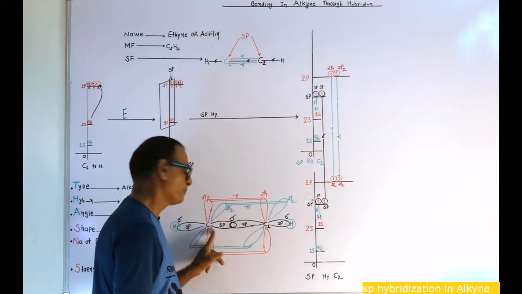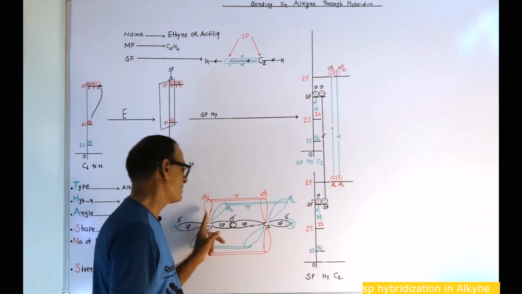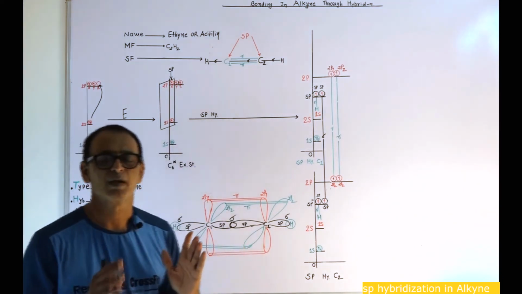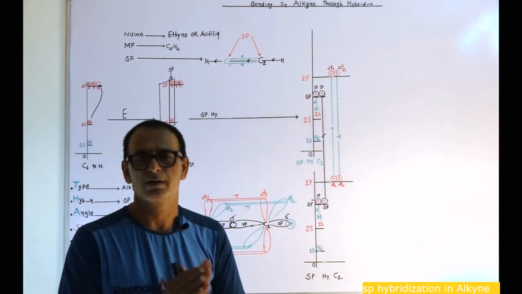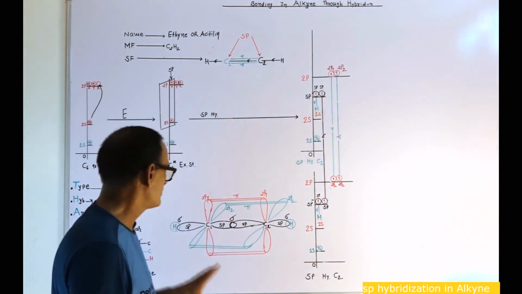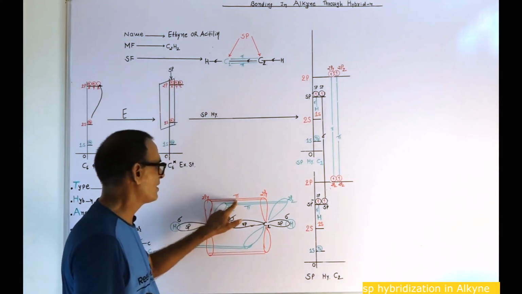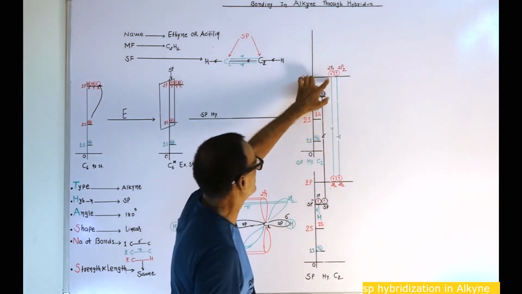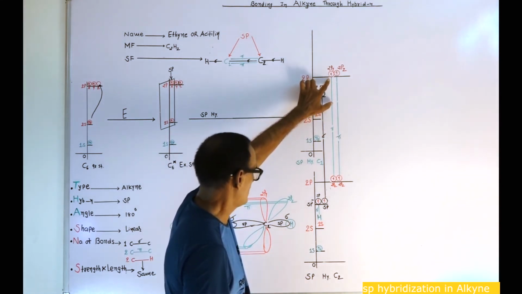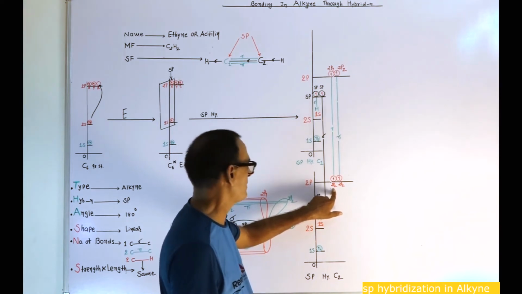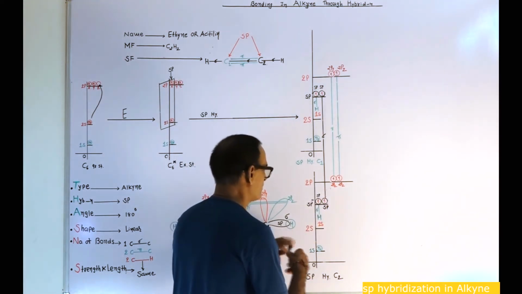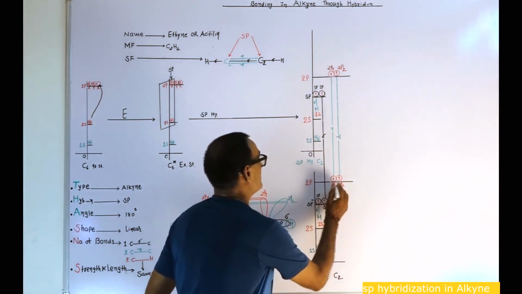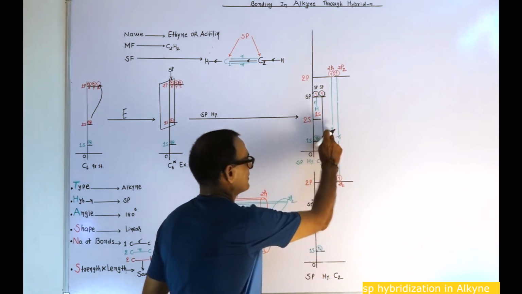The 2py orbital of C1 and the 2py orbital of C2 will overlap in parallel and form one pi bond.